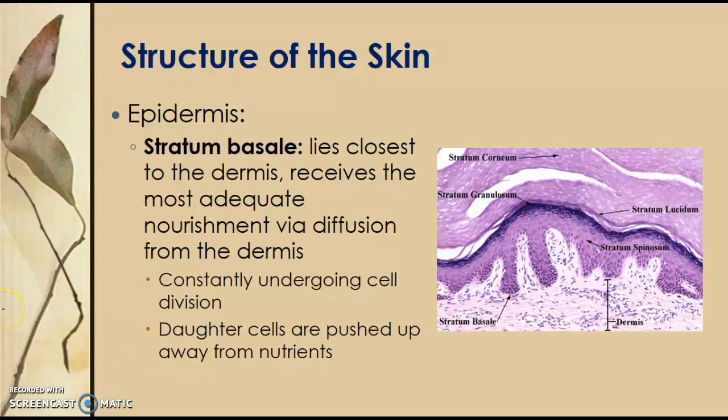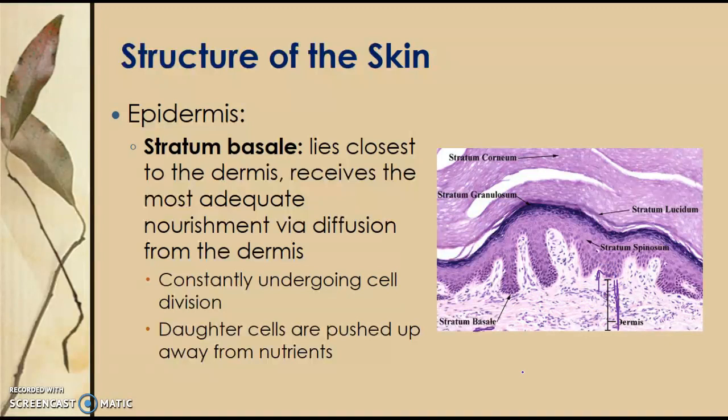So now we're going to move from layer to layer. We're going to start with the basale, the one at the very bottom, the deepest layer down here. So we're going to start with the stratum basale. It receives the most nourishment because it's really getting it down here from the dermis. So we have nutrients that are being given to the epidermis from this dermal layer.